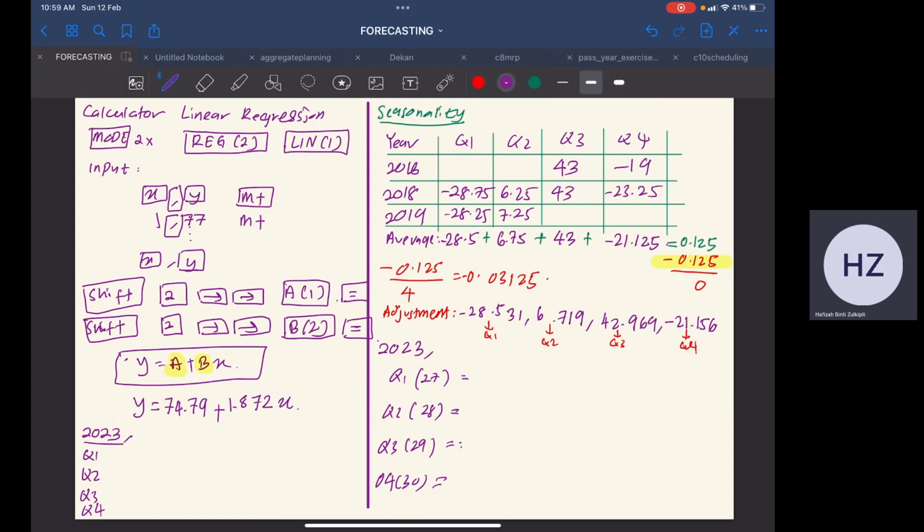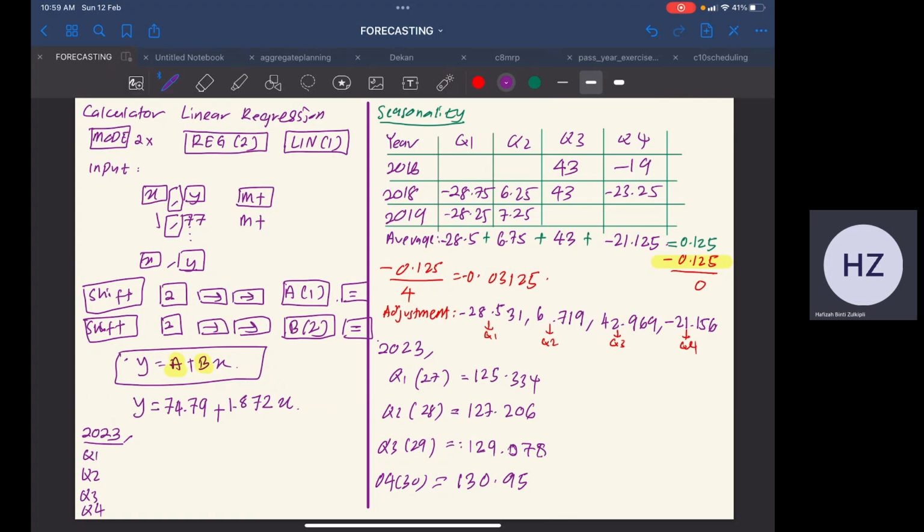So you get the value 125.334. And then when x is 28, you get 127.206. When x is 29, this is 129.078. The last one is when x is 30, this is 130.95, coming from the equation here.